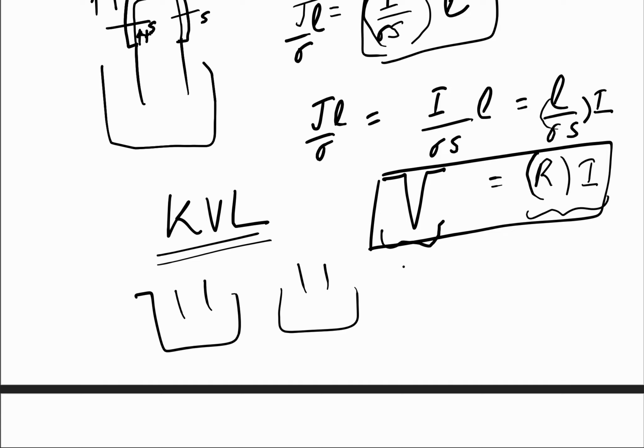So this V will now comprise both. This is V1, this is V2, so V is equal to V1 plus V2. Similarly, if there are more than 2, I can write it as the sum of Vi over all the batteries should be equal to the sum of Ri drops.